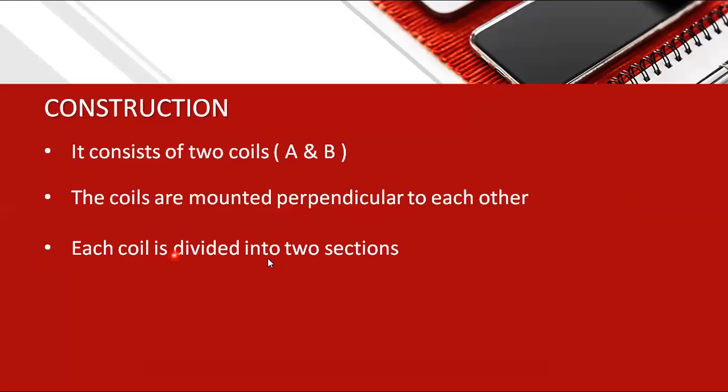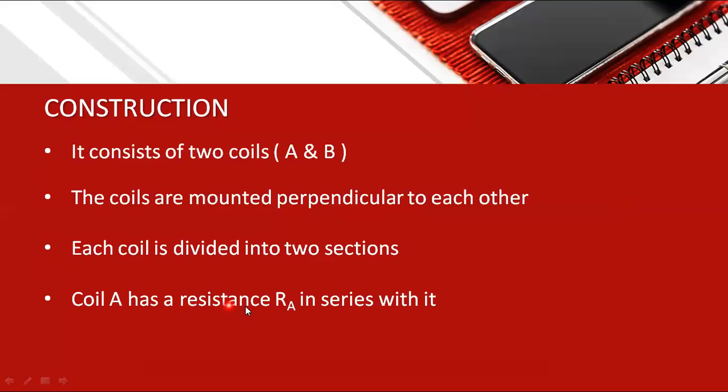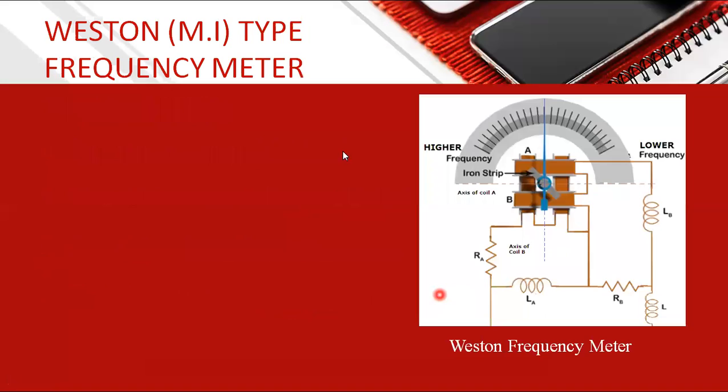Each coil is divided into two sections. We have seen that coil A is split to two sections, coil B is split to two sections. Coil A has resistance Ra in series with it, so you can see this same Ra is in series with coil A, and the circuit of coil A is in parallel with inductor La. So La is parallel to this circuit.